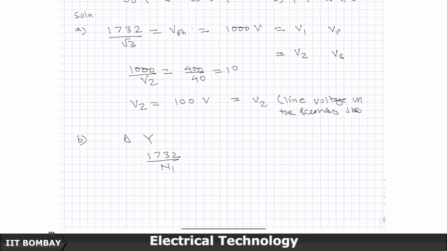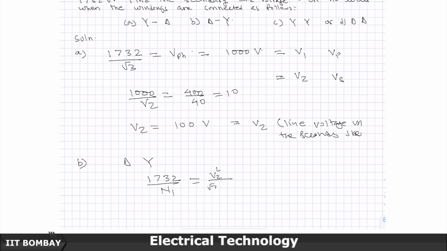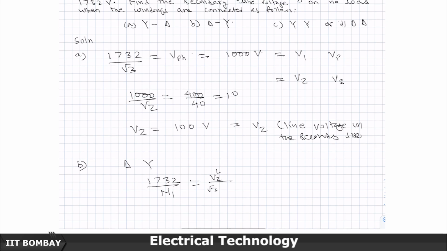So 1732 by N1 will be equal to, let us say the secondary side line voltage is V2. Divided by root 3 will be the phase to neutral voltage, and that is the voltage which is coming across the secondary turns of the transformer.